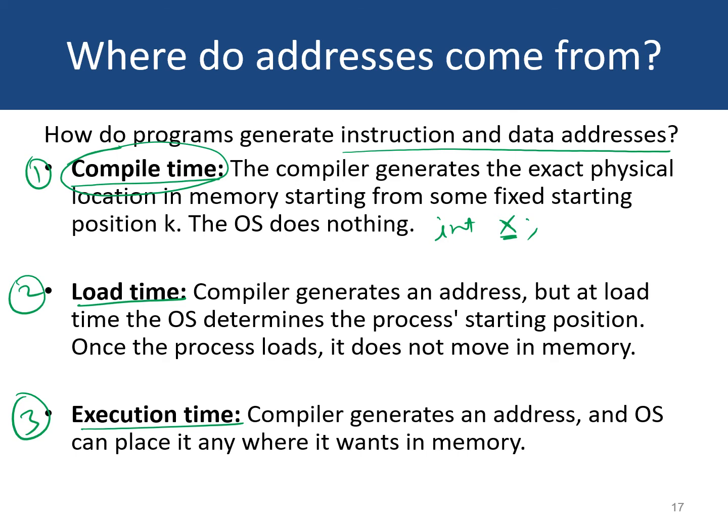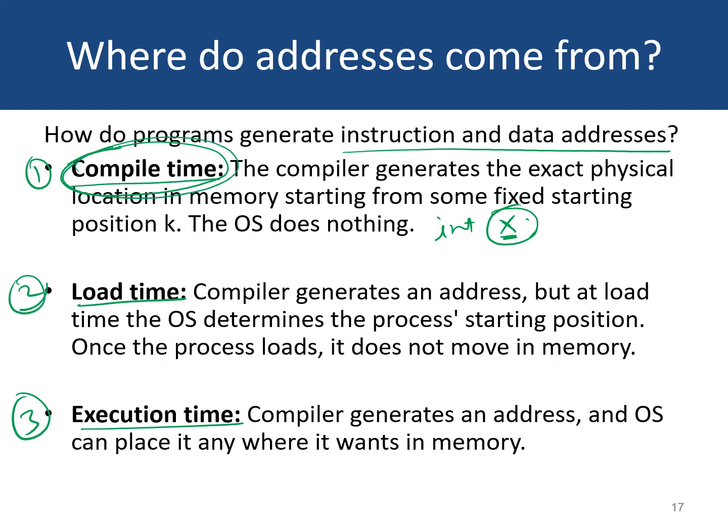You refer to it with the name of the variable, and you leave the details of where this variable x would reside in the main memory to either the compiler or the interpreter. When the compiler compiles the code, it will take all of these variables and assign them to some addresses. So this is one way of assigning or generating addresses for the data and instructions in our programs, and that is by the compiler.